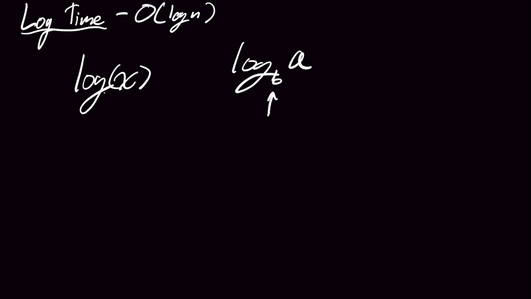So log, when there's no base expressed, is going to be assumed to be 10. So this is technically log base 10 of x. And this is going to return how many times x can be divided by 10 until it reaches something less than 10. And that's a really simple way of looking at it. I'm sure somebody else could explain it better, but for this, that's all you really need to know.